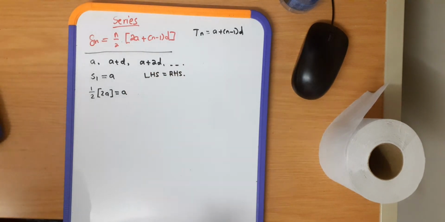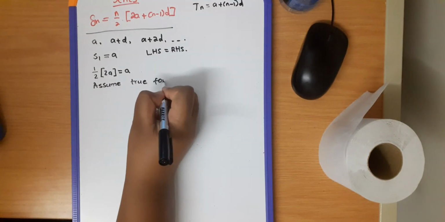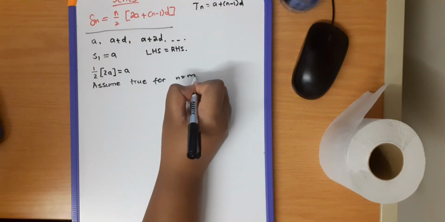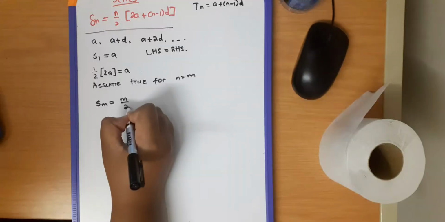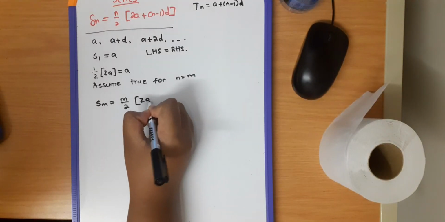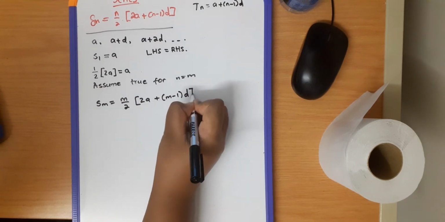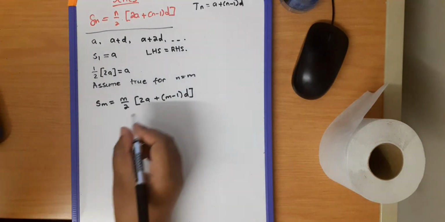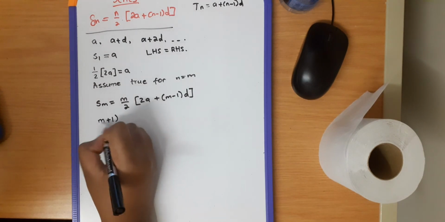And then I'm going to say, I assume that this is true for n equals m, right? When I assume that is true, I'm saying the sum of m would be equal to m over 2 times (2a plus (m minus 1)d). So I need to prove that this is then true for m plus 1.